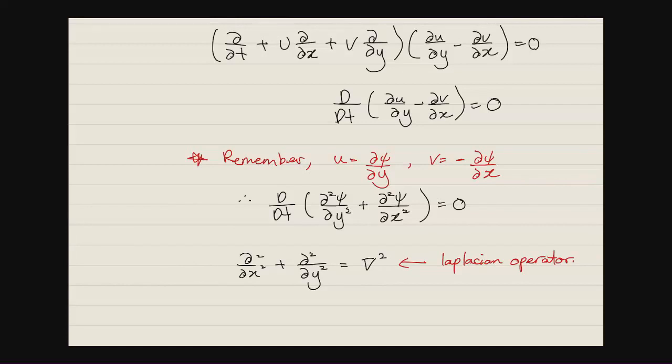So I can rewrite this term here as d over dt of the Laplacian of psi equals 0. Right, and this is your Helmholtz equation.